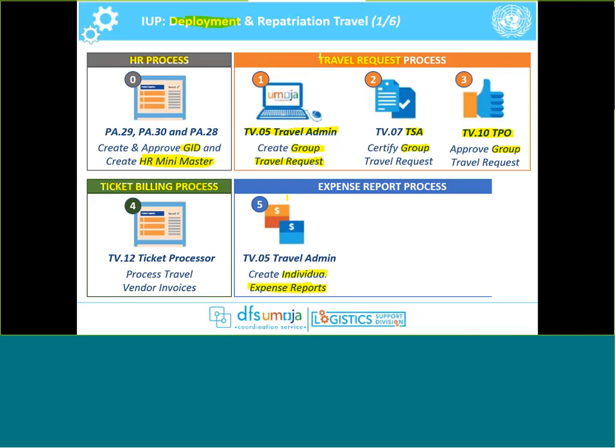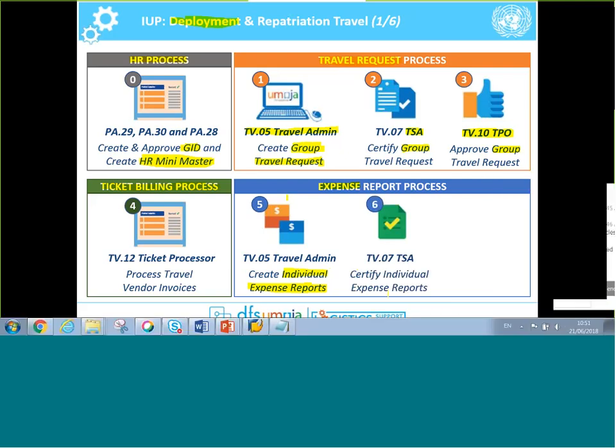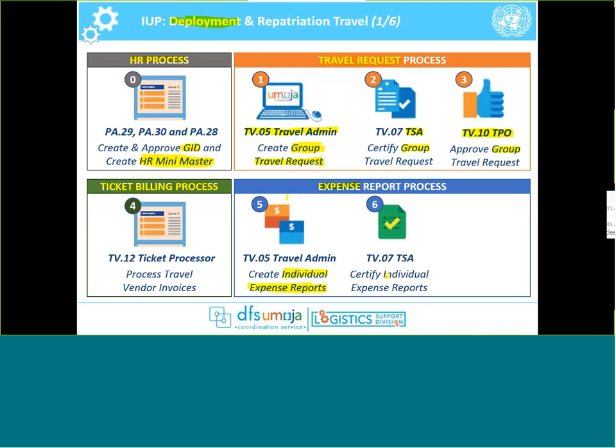Keep in mind that the travel request process to deploy or to repatriate is done as a group, but spend reports are raised individually for each IUP, and the approval process is also individual. So the certifying officer will have to approve each individual spend report raised for each IUP.